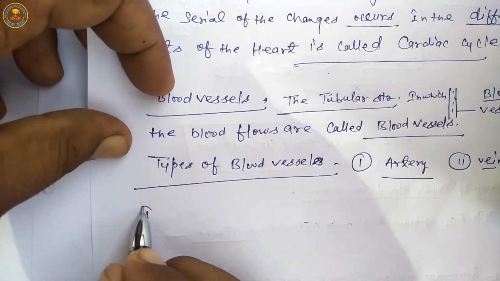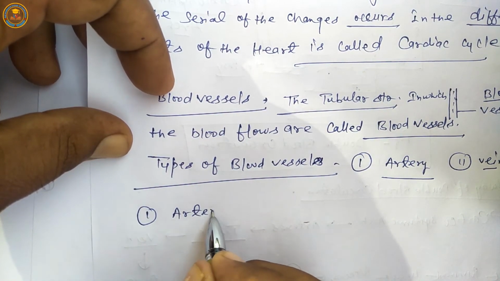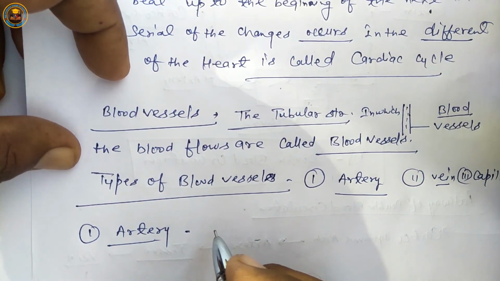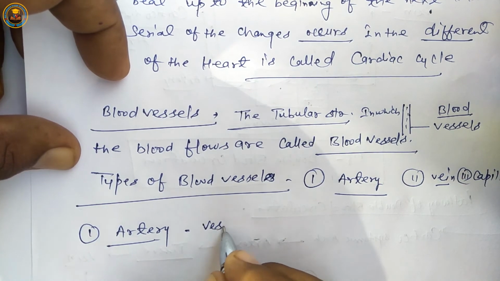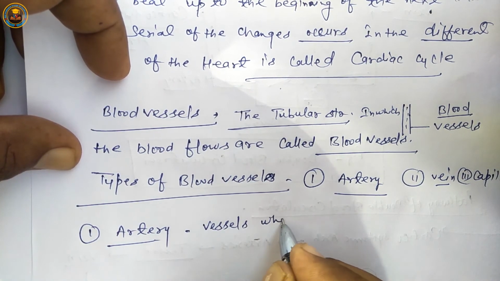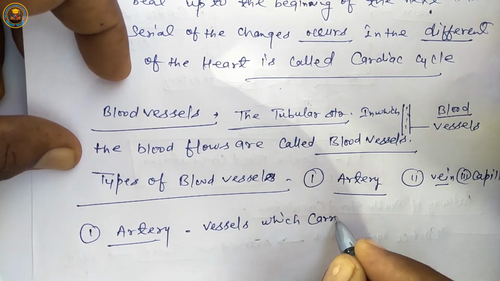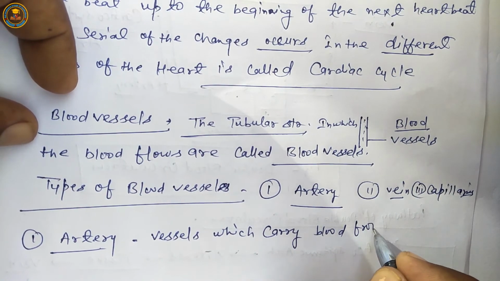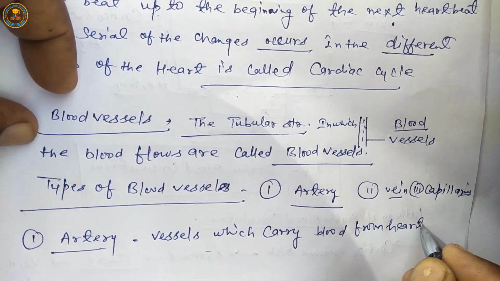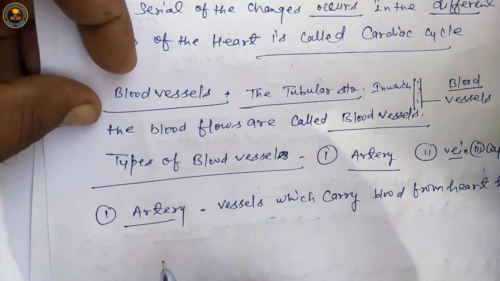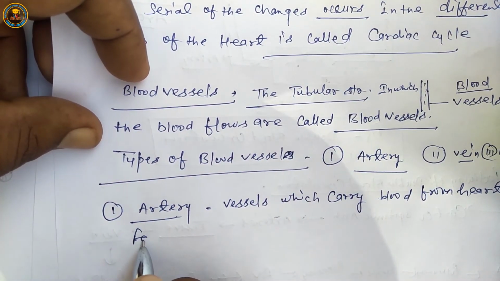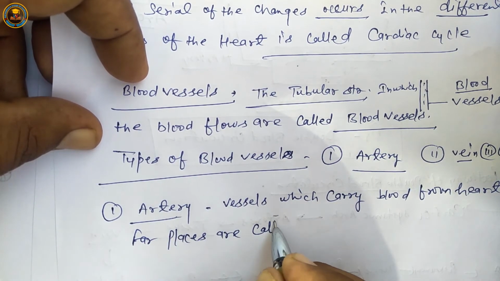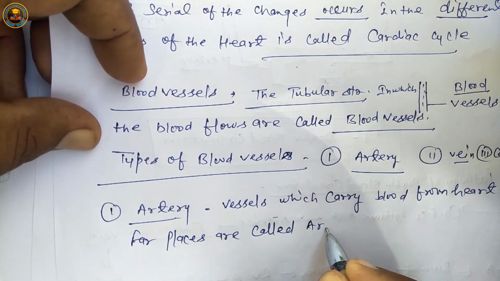First of all is artery: vessels which carry blood from the heart to far places are called arteries.